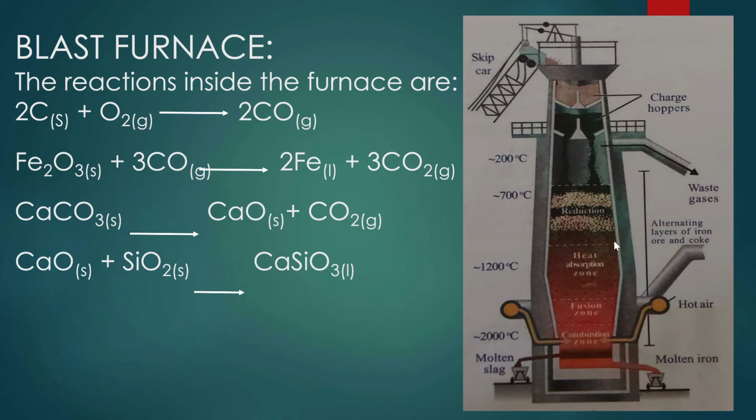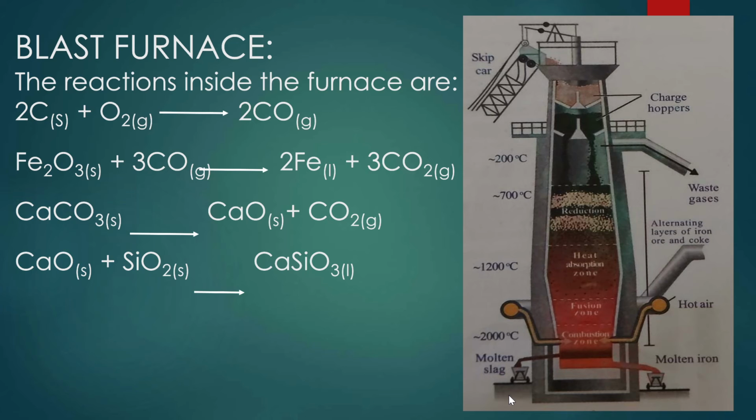The powdered ore is put into this furnace at the top. At different temperatures it is being reduced; the heat absorption zone is this, the fusion zone is this, and the combustion zone is here. Molten slag is brought out from this particular outlet.